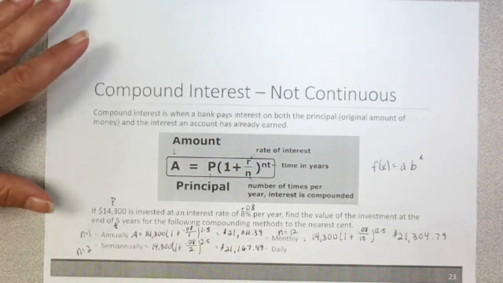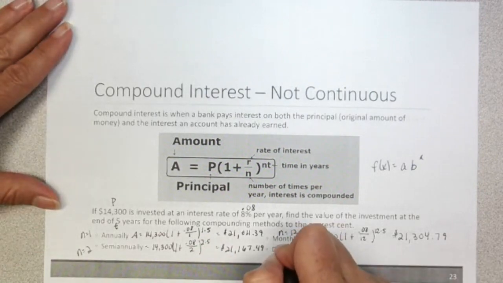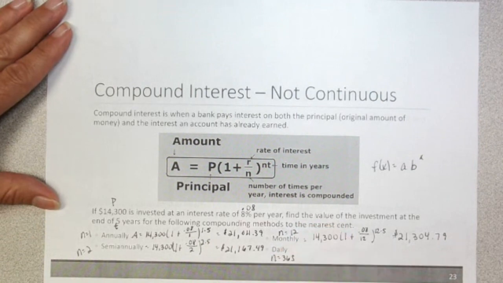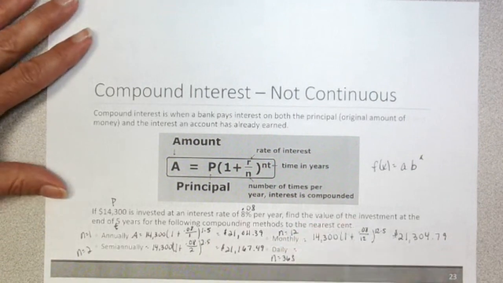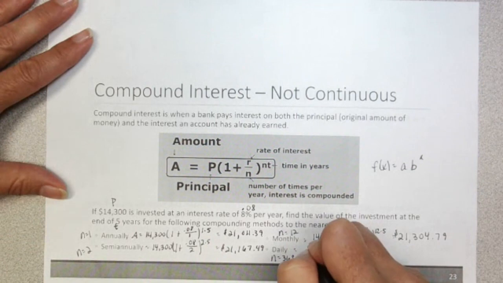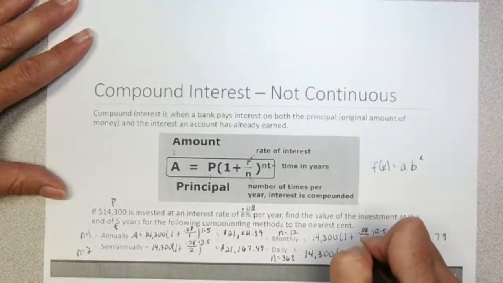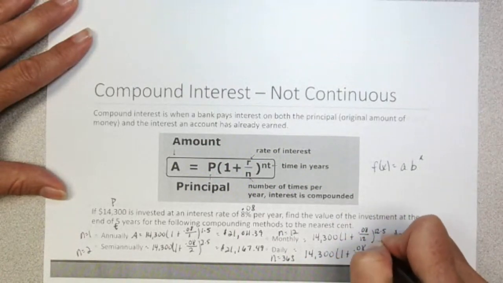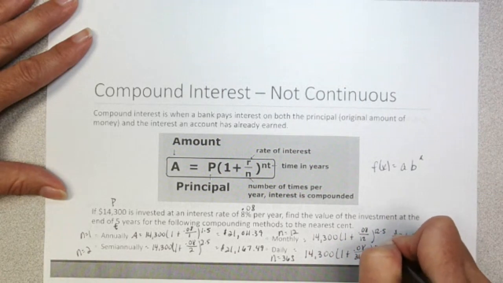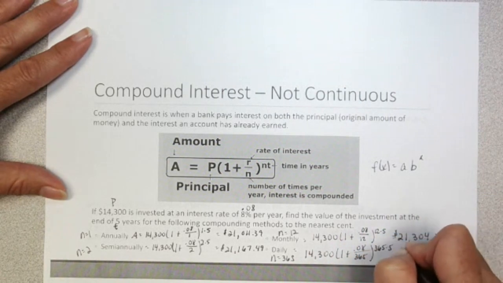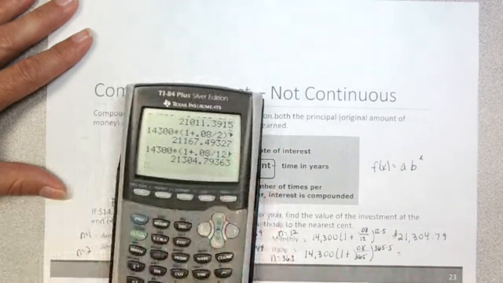What about daily? Let's say there's 365 days in a year. So if we compounded daily, my n would be 365. And my future value, my A, is going to be $14,300 times 1 plus 0.08 divided by 365 raised to the 365 times 5 power. Let's see what that is.